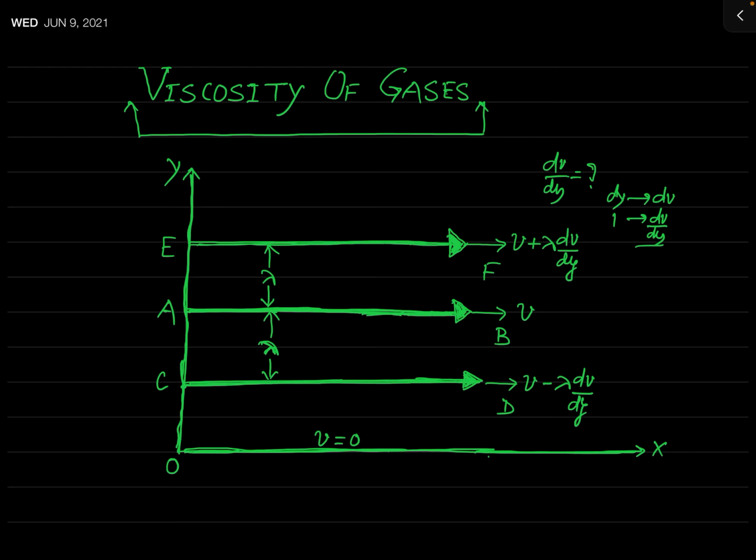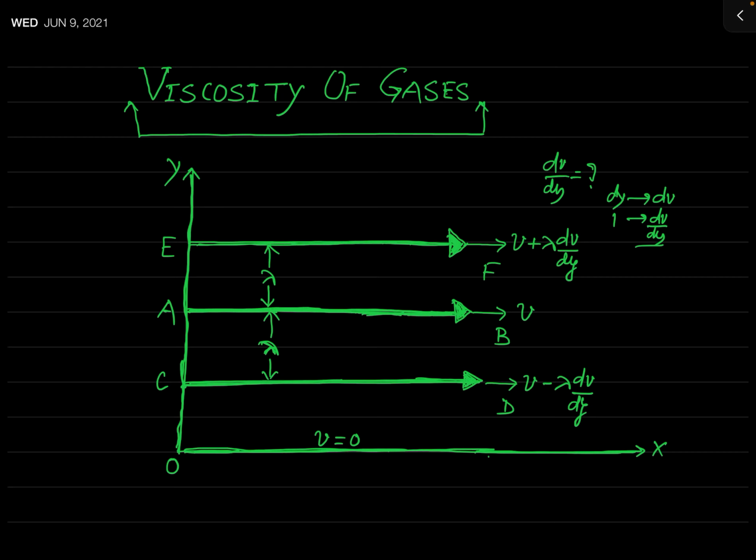In fact, there is an important reason behind this. You may take another distance, but that will not be convenient for our calculation. So we consider that the separation between two successive layers is lambda, where lambda is the mean free path of the gas molecules.